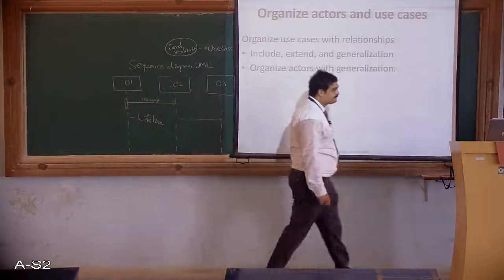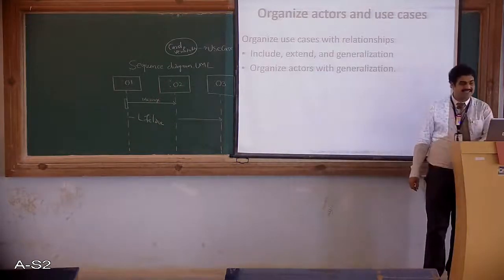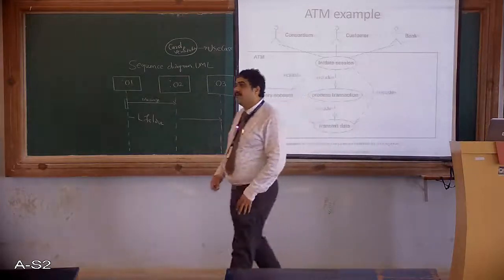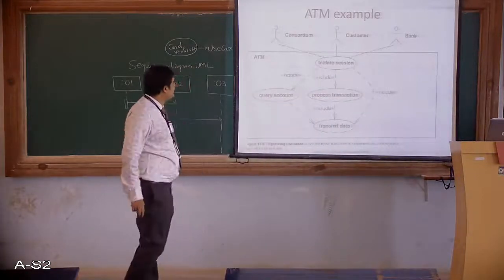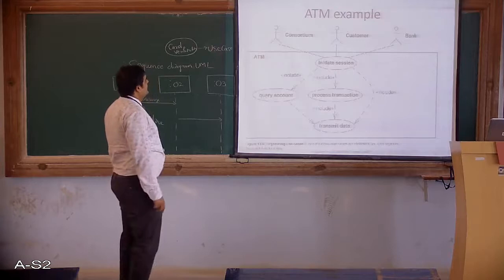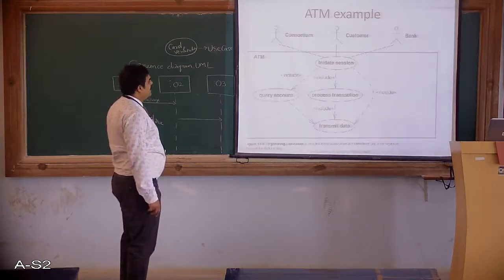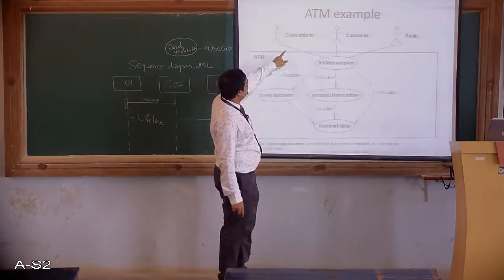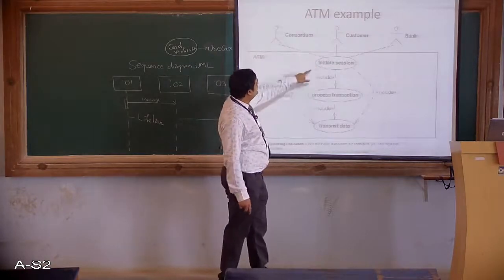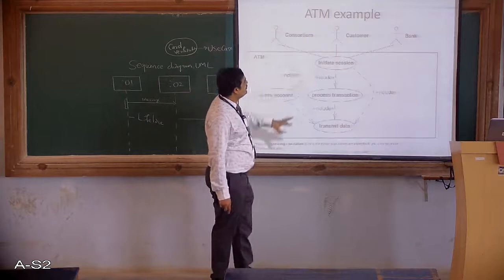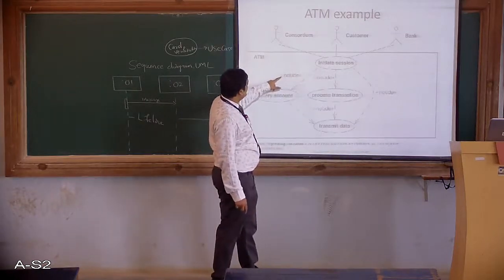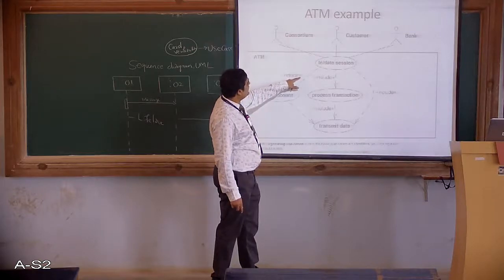So this is one example they have given with respect to the ATM example. Look at this particular thing. These are the actors: consortium, customer, and bank. Initiate session is one of the use cases. They have used a relationship called include.